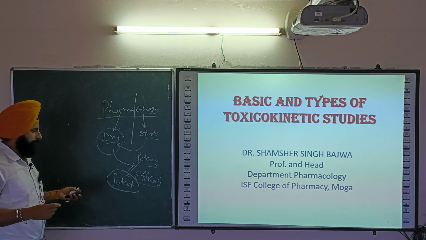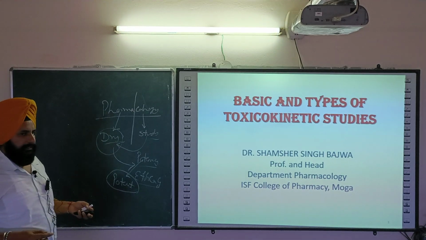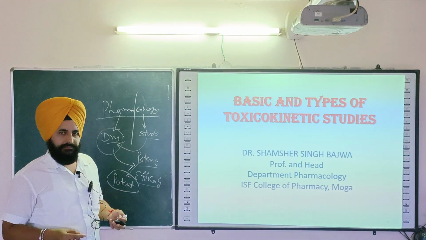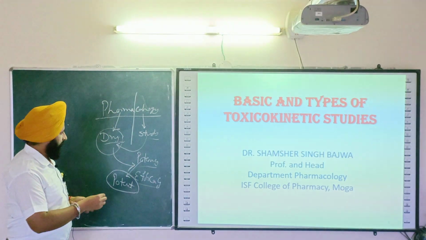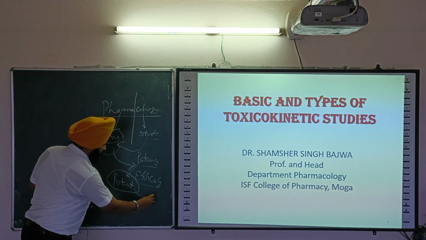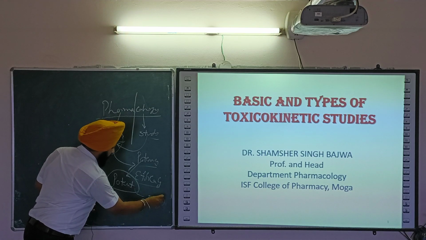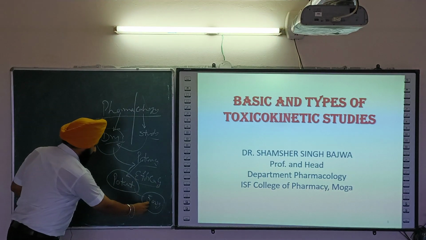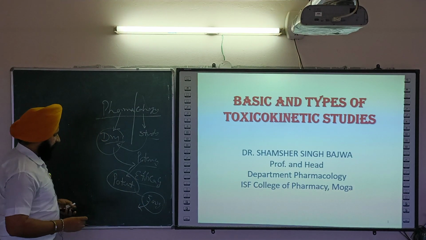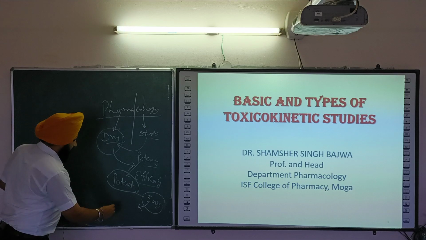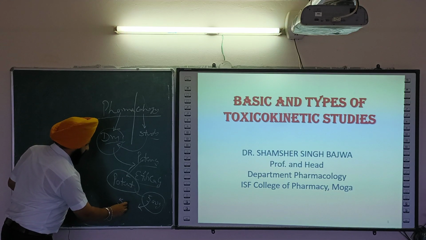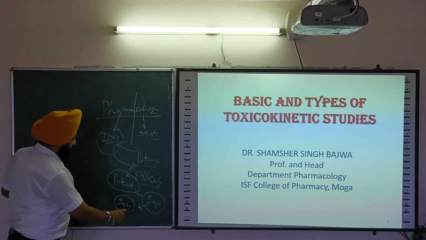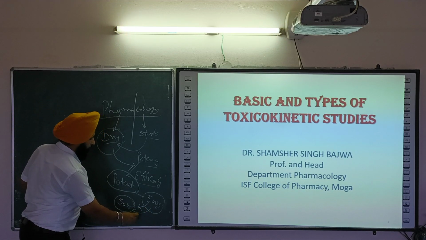Suppose I give you an example: any person can take paracetamol in case of fever. If anybody is suffering from fever, then a 500 mg dose of paracetamol is available. But if anybody says there is another analgesic drug which can produce an antipyretic effect at 50 mg, then we can say the drug is more potent.